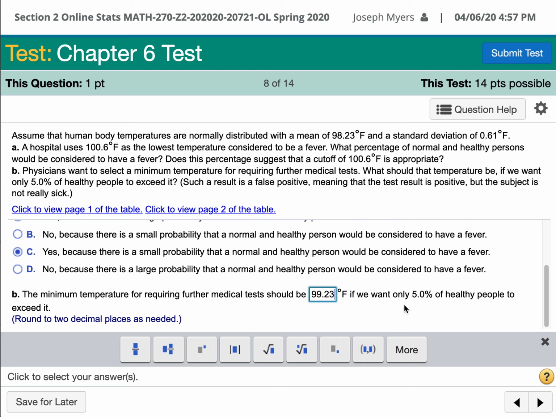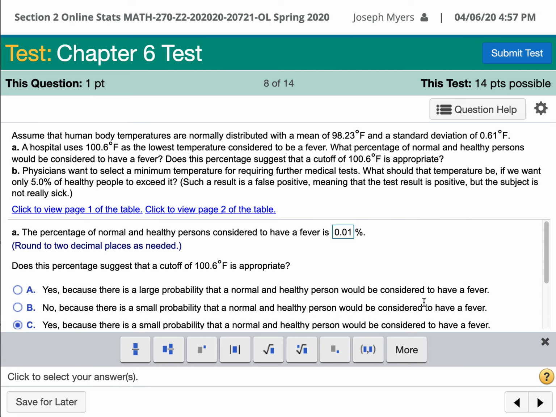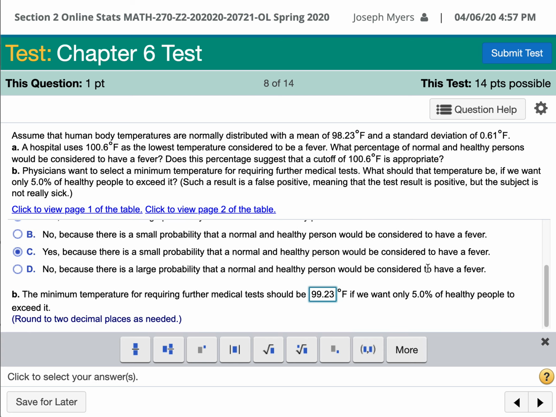So the hospital probably should not have a temperature at which 5% of healthy people would exceed it. A cutoff of something like 100.6 is probably a better value to decide whether somebody might be sick than 99.23. That's just a comment though. The answer to this problem is still 99.23.